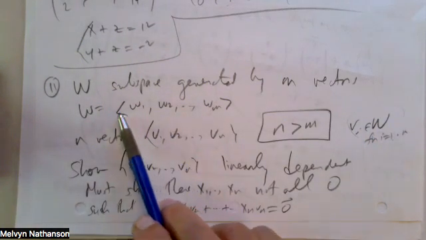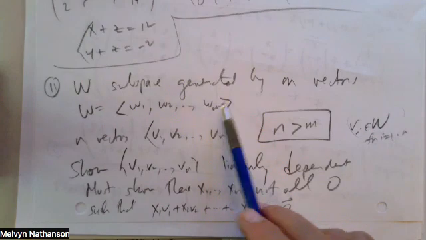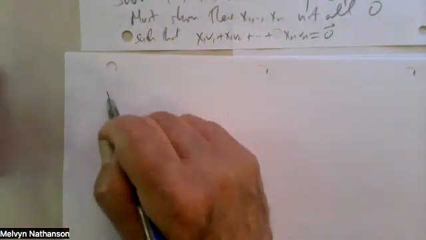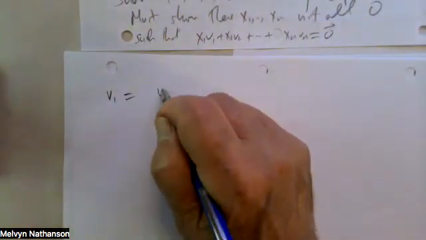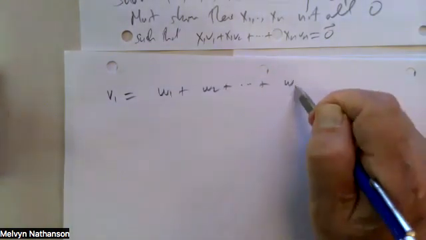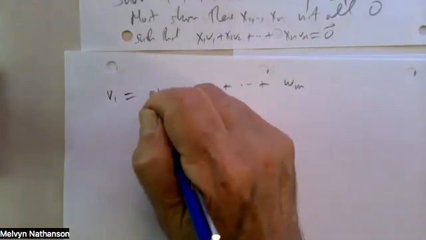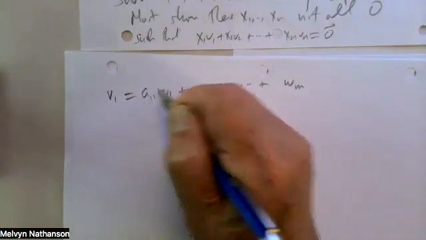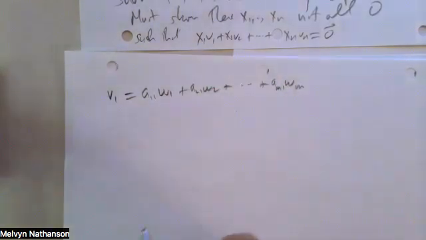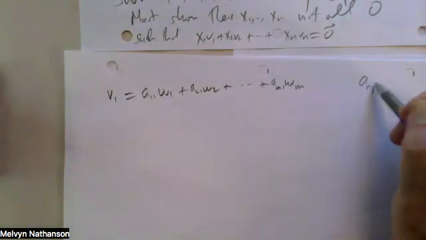So what does it mean to be in W? It means W is all linear combinations of the generators. So for example, v1 will be some linear combination of w1 up to w sub m. So let's say the scalars of this are a11, a21 up to am1. So these aij, these scalars, are all just real numbers.